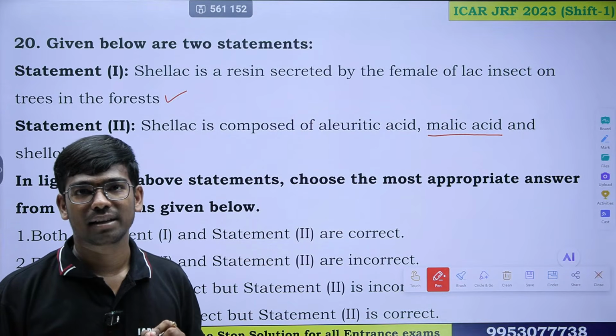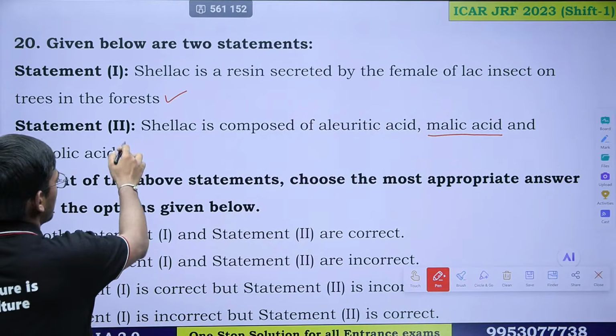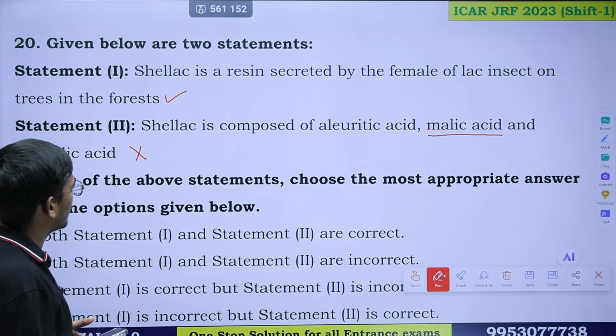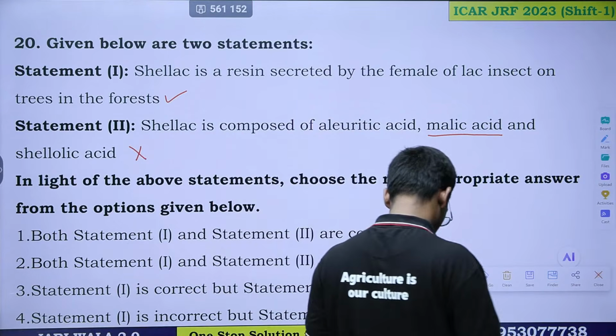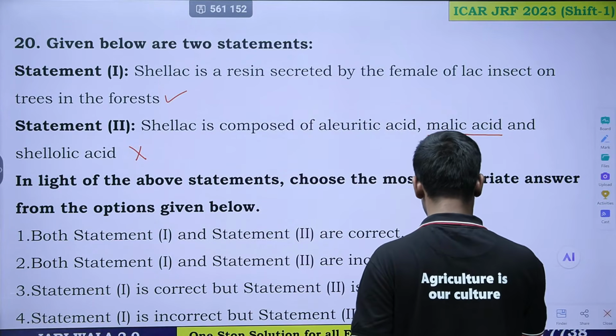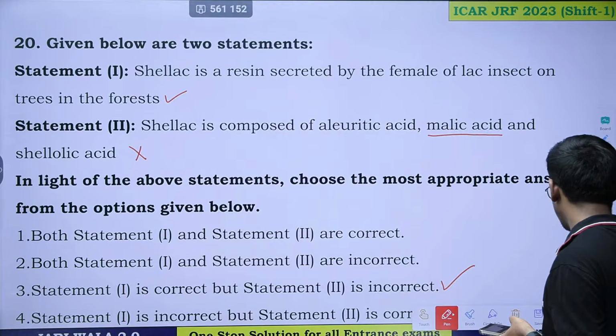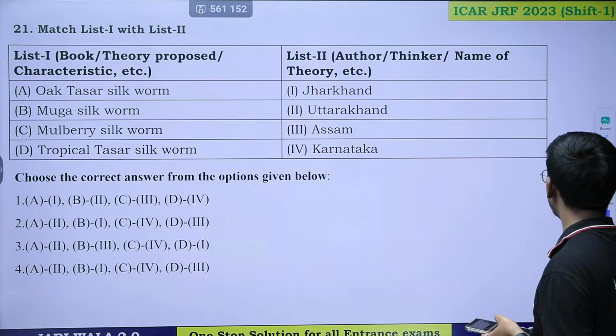Malic acid is not present in the shellac, so statement 2 is wrong. Statement 1 is correct and statement 2 is incorrect. Yes, many students responded C or 3. So reading questions very carefully is very important in attempting the answers.